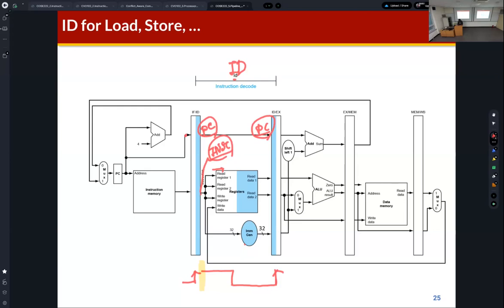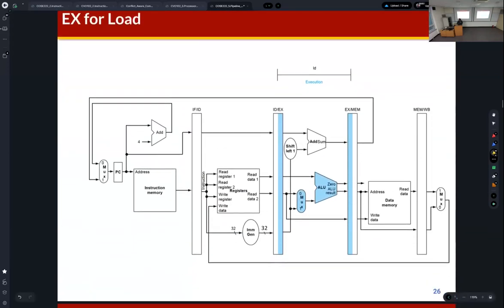And then we can get read data one, so RS1 data, and then RS2 data here, then immediate data here. So at this timing, we can get the result from data path elements like the register file and immediate generator. And these data are also sampled at the rising edge of the clock.